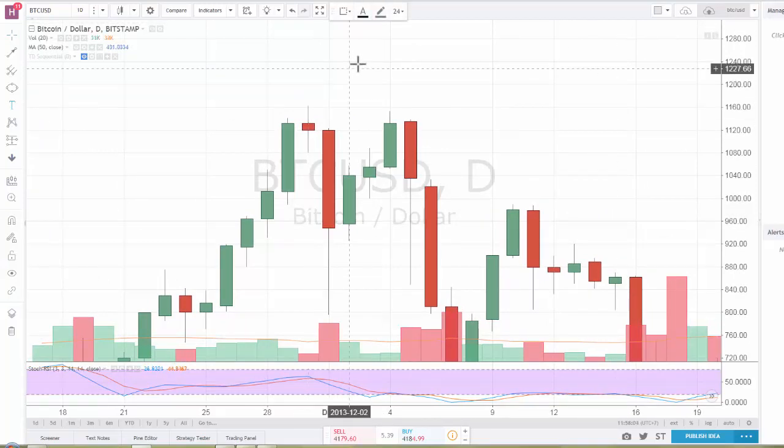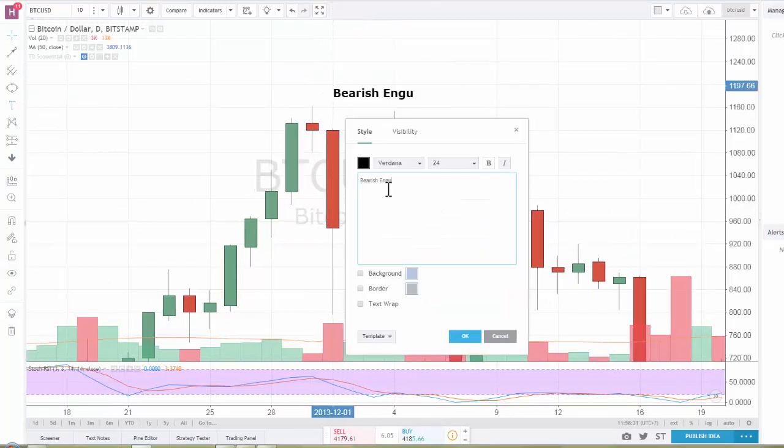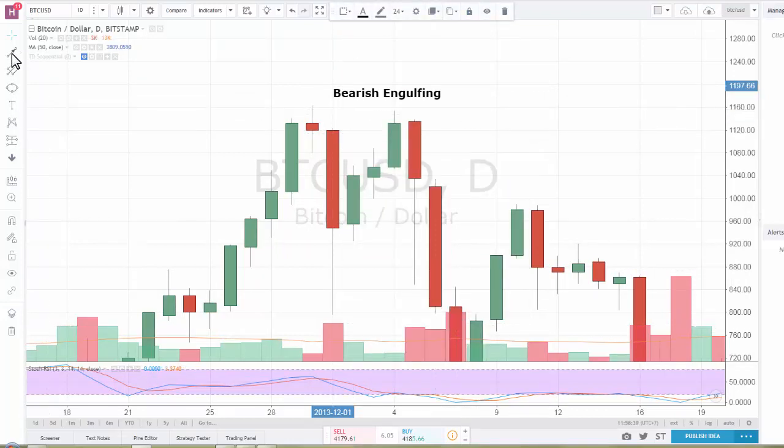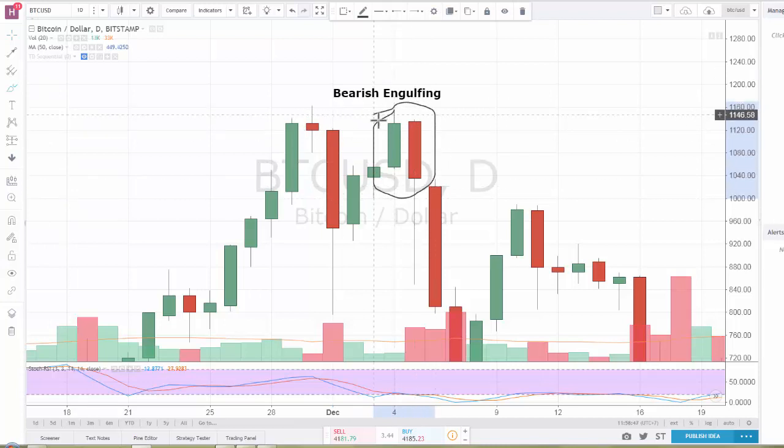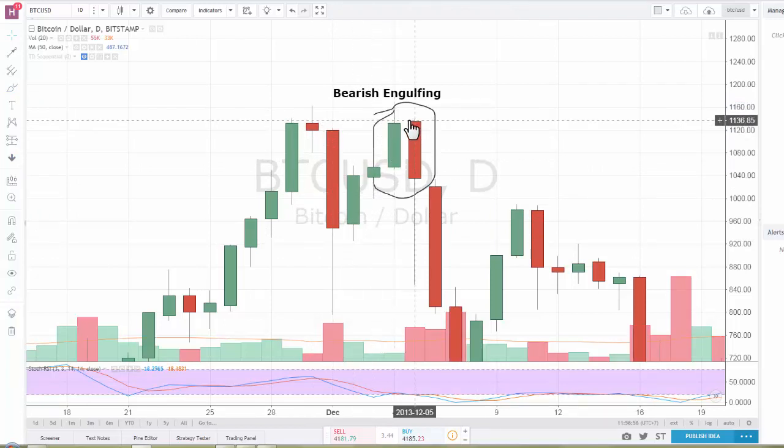Let me write this. The bearish engulfing would be exactly this type of pattern, these two candles here, where you see that we are coming from an uptrend, and then we get a long, nice green candle, and then next to it a red candle whose body is bigger than the previous green candle.